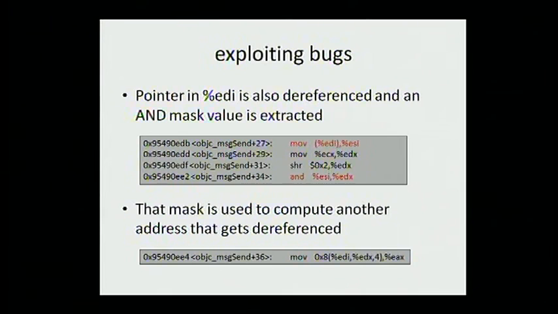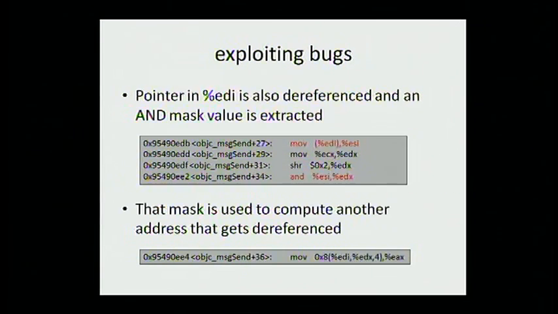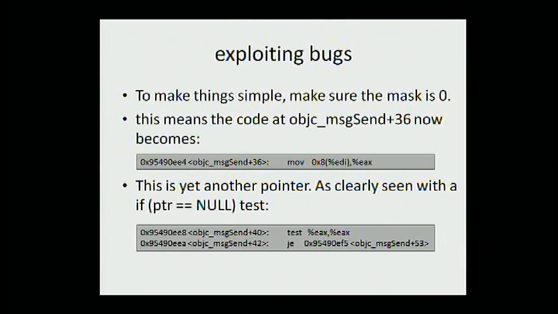It reads out a mask value from it, masks off a bunch of bits, and then uses that to calculate an address. So you want to make sure that the bit mask is set to 0, because if you want to get it right otherwise, you have to fiddle around with it, and it's kind of annoying. If you set the mask to 0, it becomes very easy, and it says just this one, and then offset 8, which is the pointer that you read from that you control.